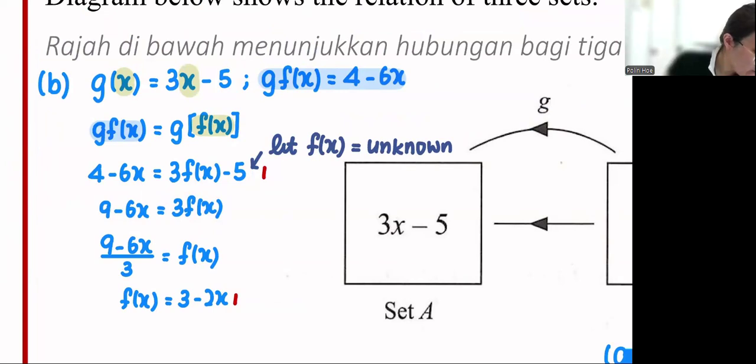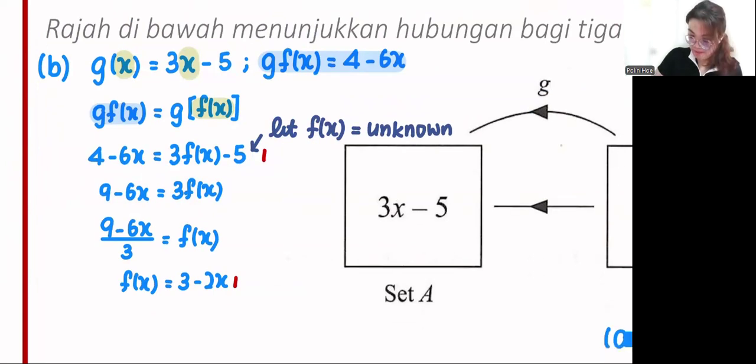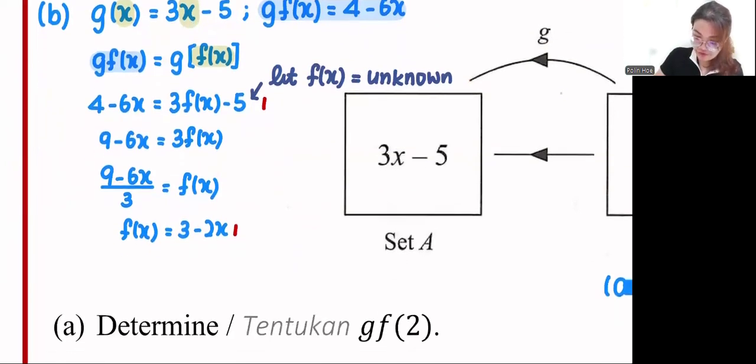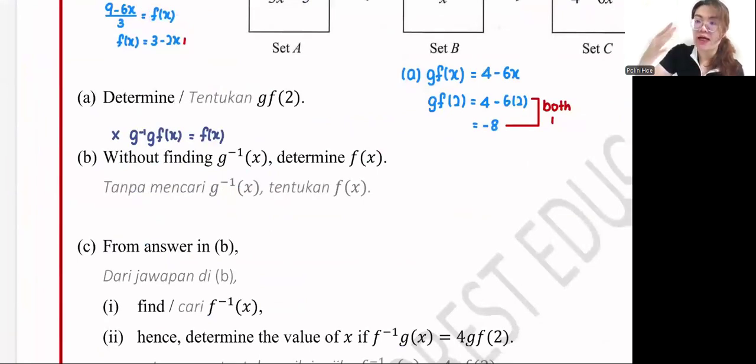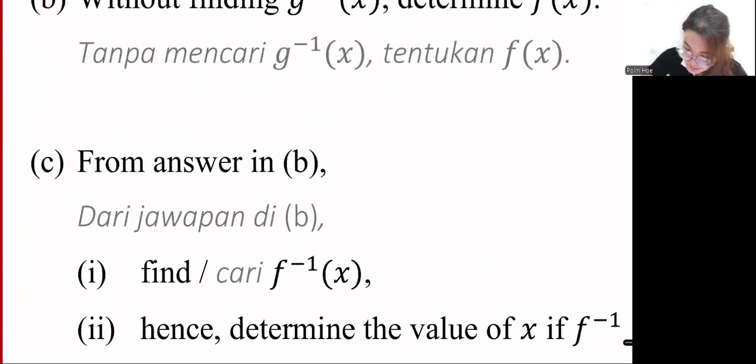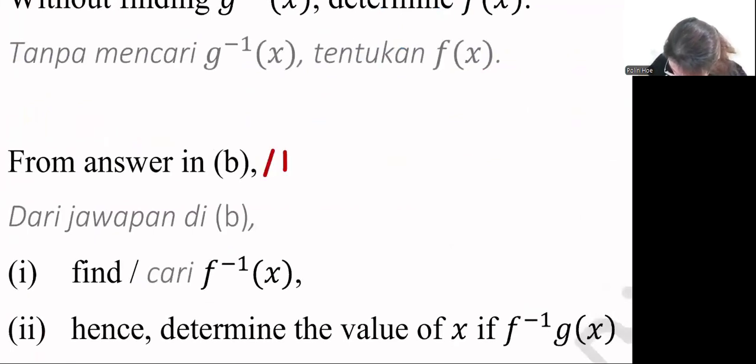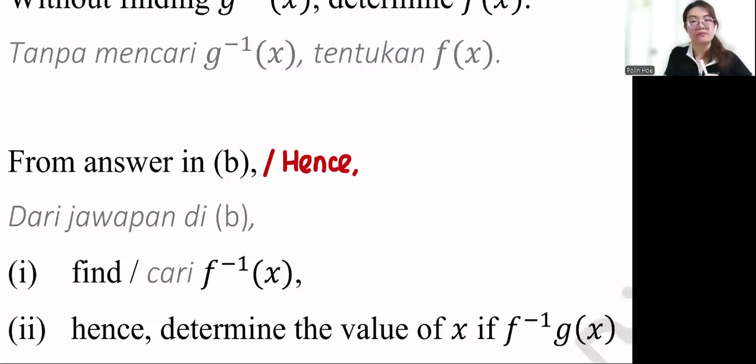After that, from the answer in part B, there is another way to ask. From the answer in part B, they will use the word hence. Hence means seterusnya, next.